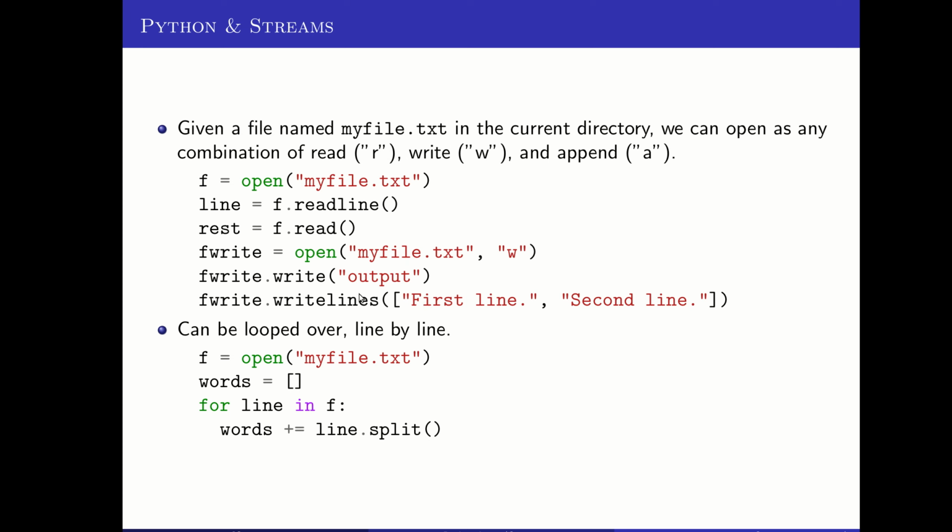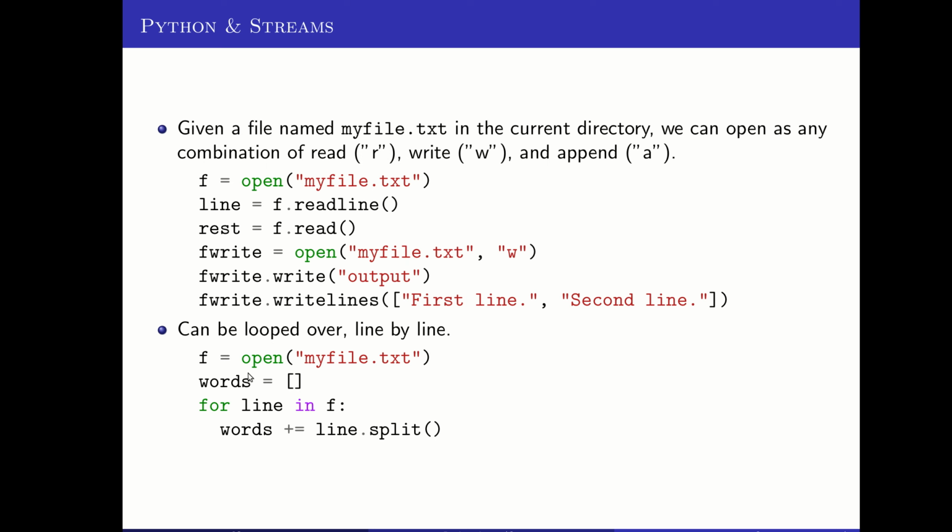And again, similarly, I didn't close this writing version of the file. I probably should have done that, and we'll see in a moment a solution that Python has for this problem of not closing files that is actually pretty neat and useful.